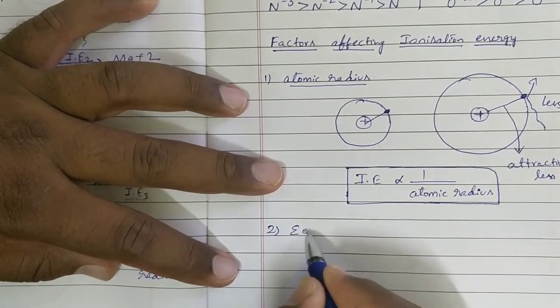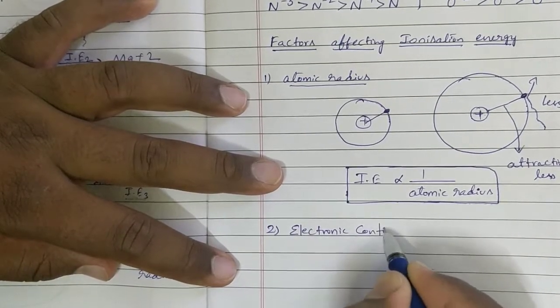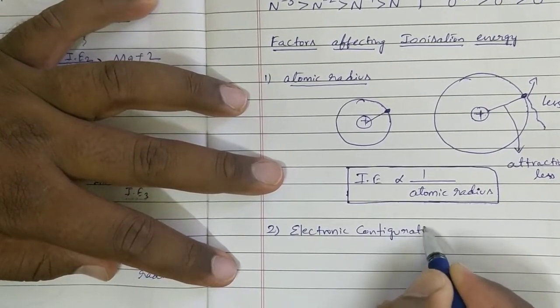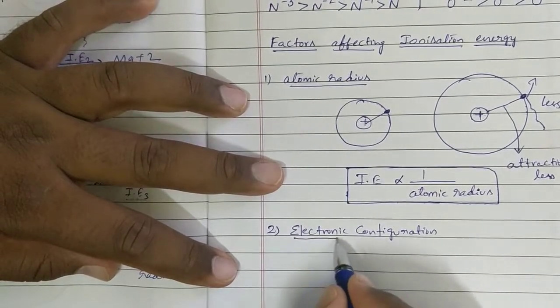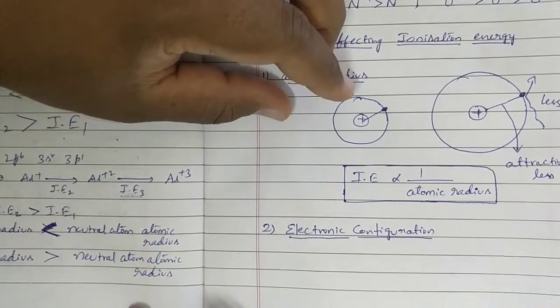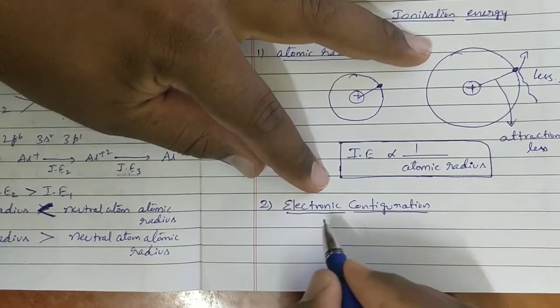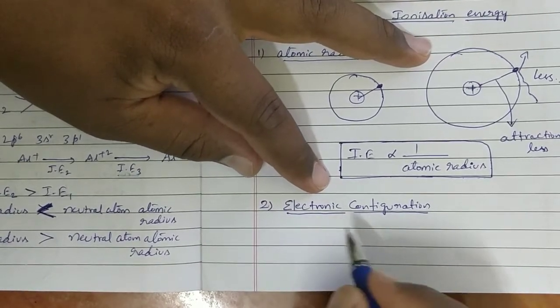Next, the second one: electronic configuration. See this electronic configuration here, one property is there.